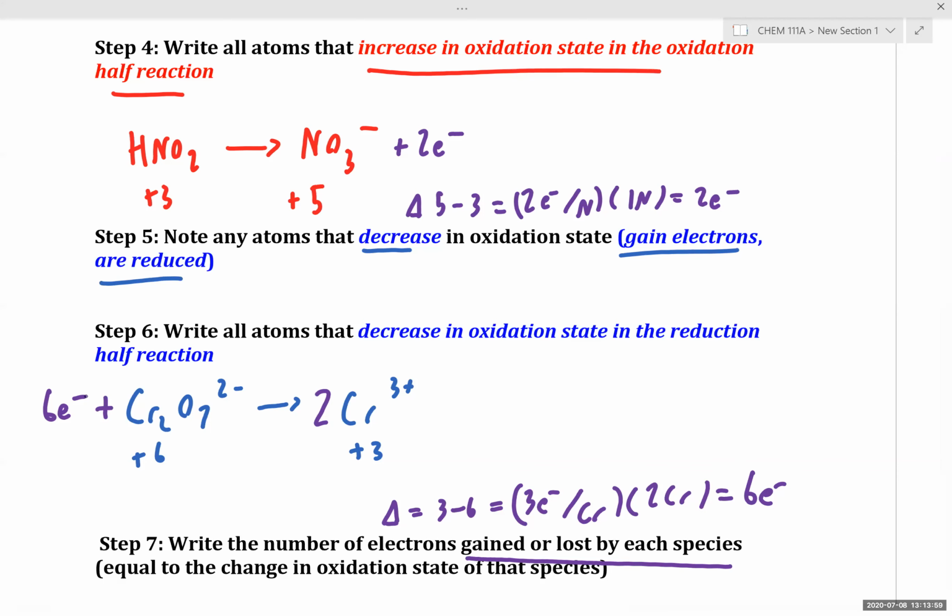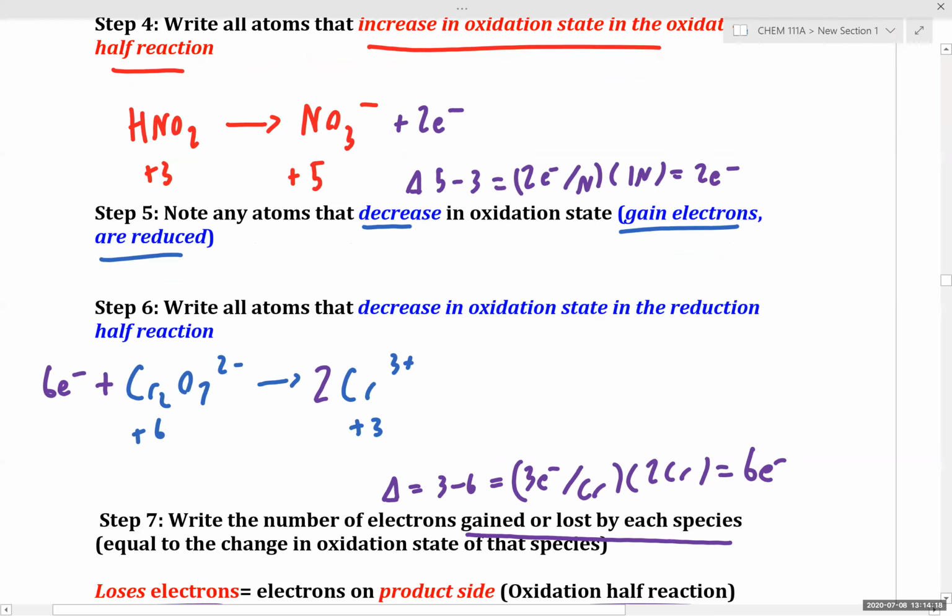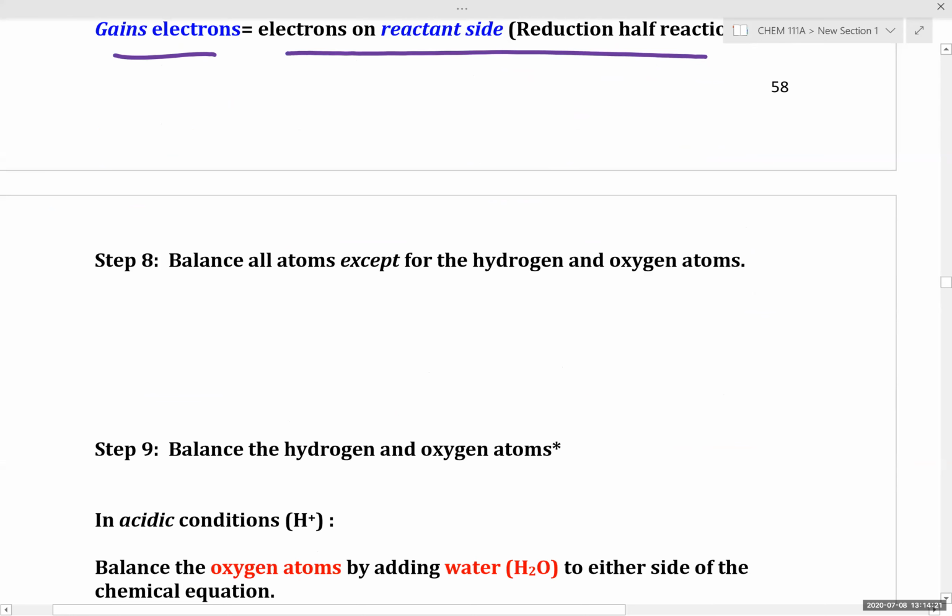Does this make sense? Any questions on this idea? Okay, so now that we have our rough oxidation and reduction half reactions, we are going to make sure to balance all atoms except for hydrogen and oxygen.